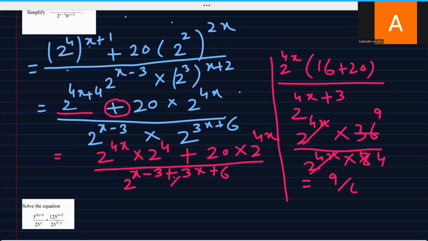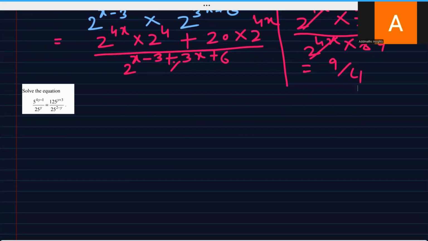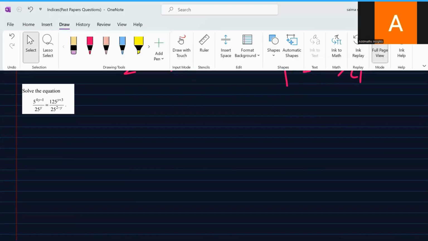Right? Now we move to the next part. This is: solve the equation 5 raised to the power 4y minus 1 over 25 raised to the power y equals 125 raised to the power y plus 3 over 25 raised to the power 2 minus y.